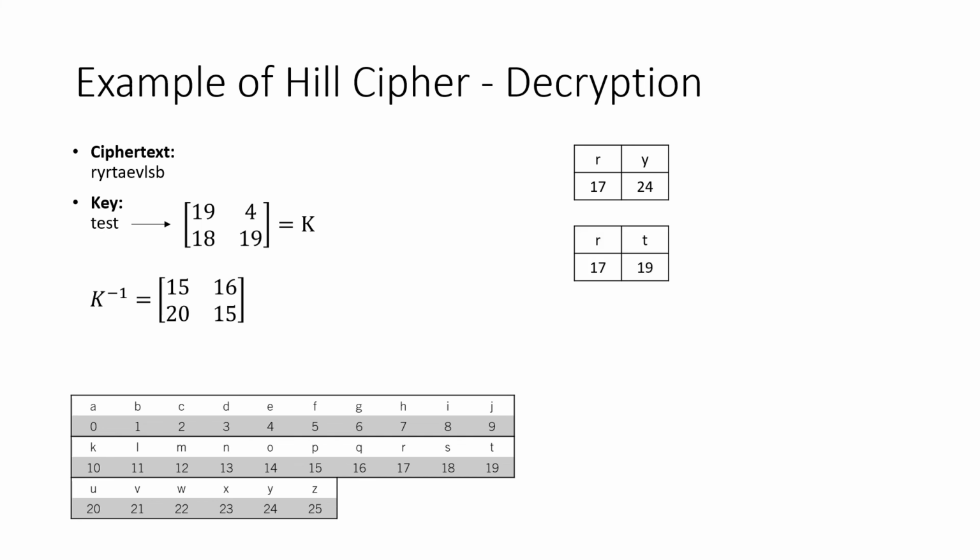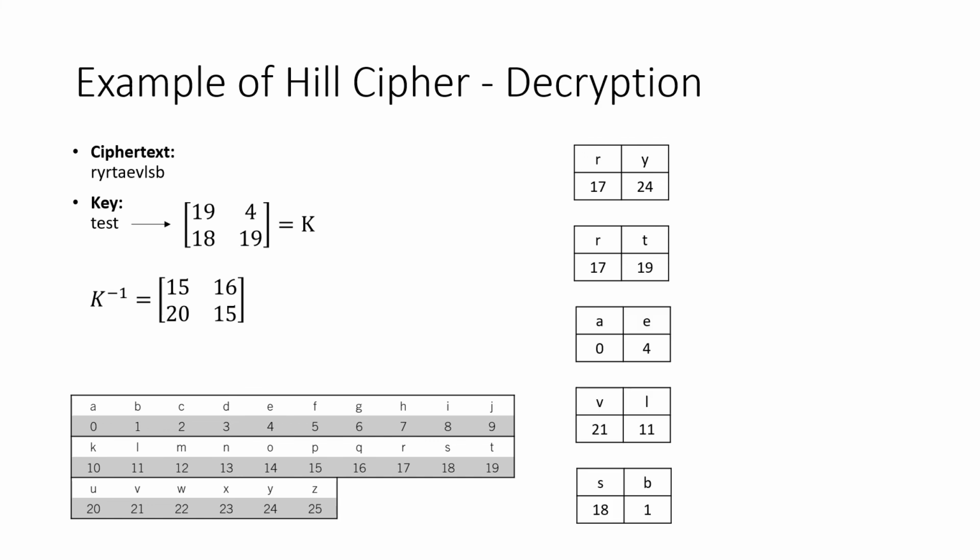We use the same idea for the remaining blocks and we record them here. And much like the encryption that we saw, we only focus on the very first block, and we're going to see how we can use our inverse matrix and the values in this block to get the values of the very first block in our plaintext.